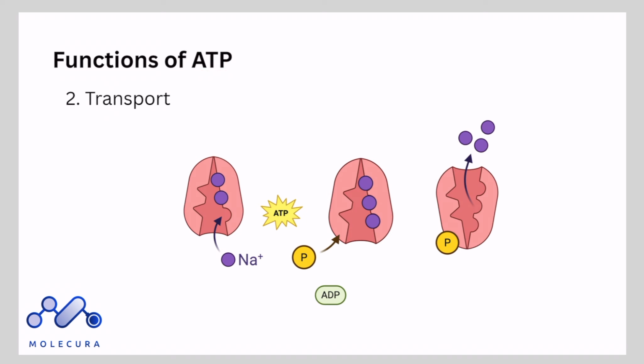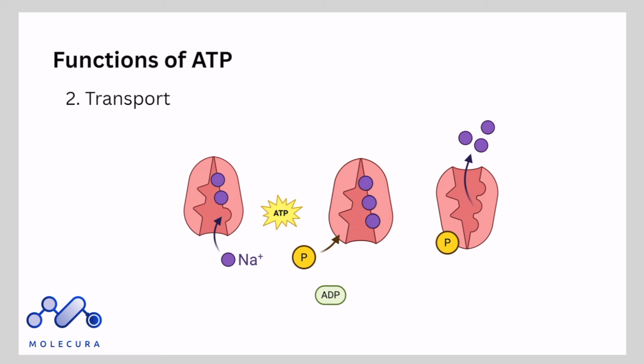Another use of it is going to be transport. What happens here is that you want to move something against the concentration gradient outside the cell, and for this you need to use energy. So what's happening here, sodium is going into this transporter, but it cannot go out without the help of ATP.